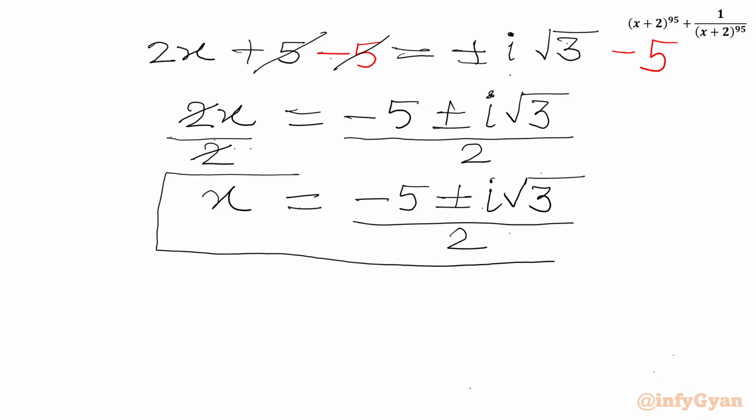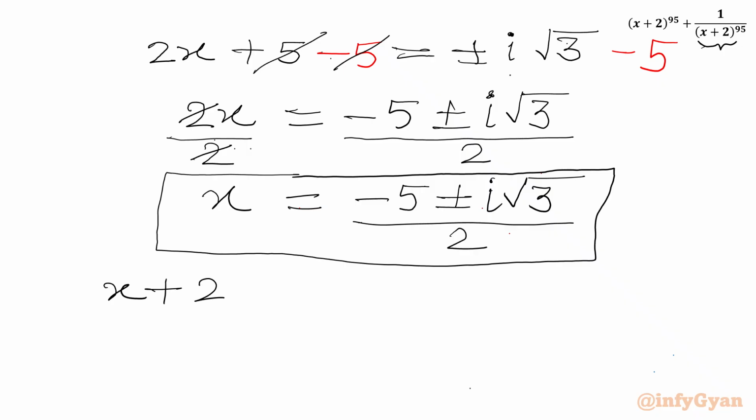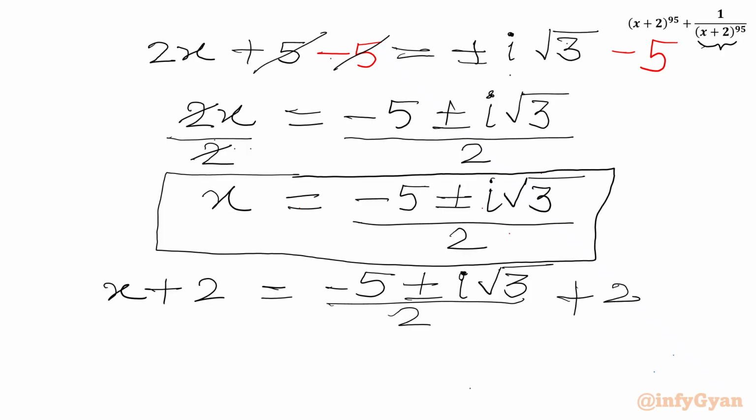So we have two complex values of x from the given quadratic equation. Now as per the required expression, x + 2 is required. So I will calculate x + 2 separately. We will write (minus 5 plus minus i times square root 3)/2 + 2. Now we can write 2 as 4/2 to make our denominator the same.